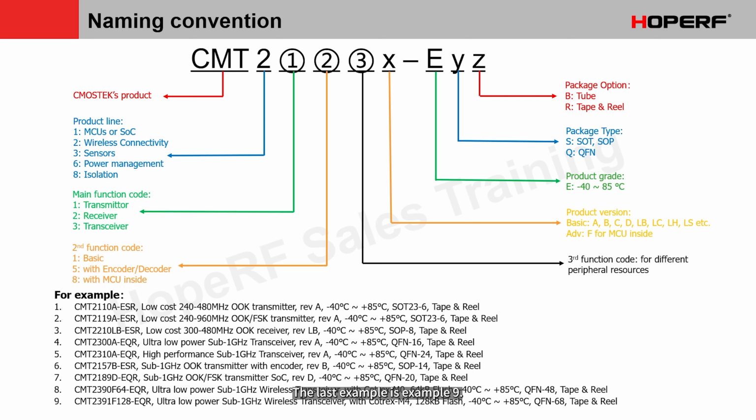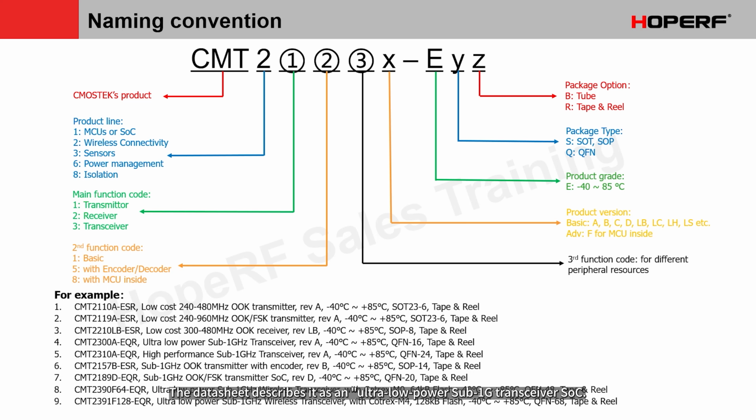The last example is example 9. Model CMT2391F128 EQR. The last three digits are 3, 9, and 1. This indicates it is also a transceiver with an MCU. The suffix F128 indicates the ROM capacity is 128 KB.